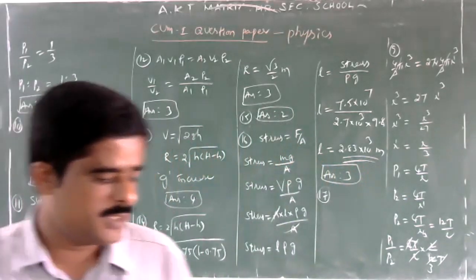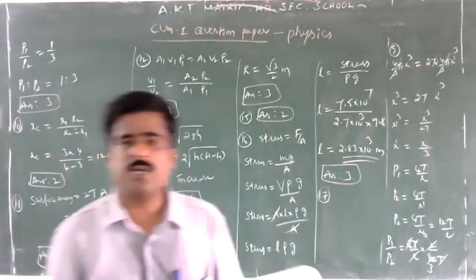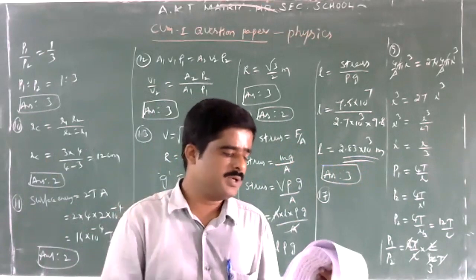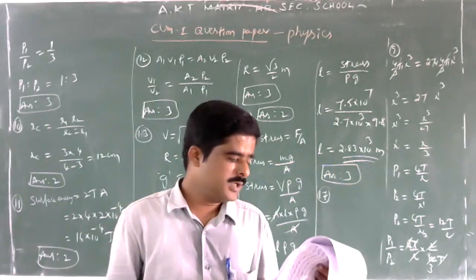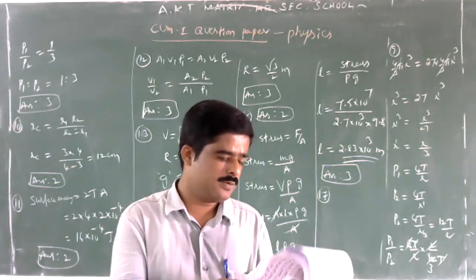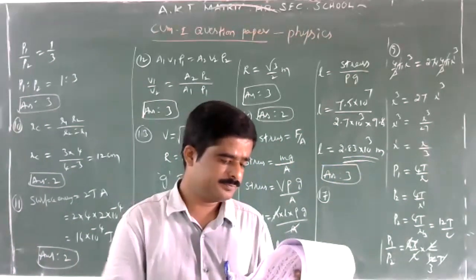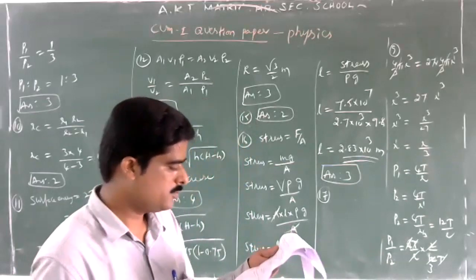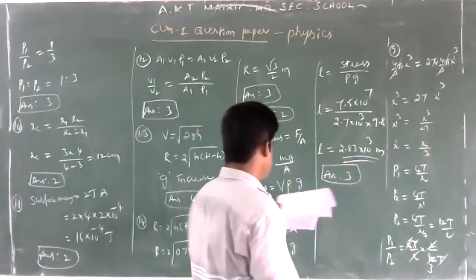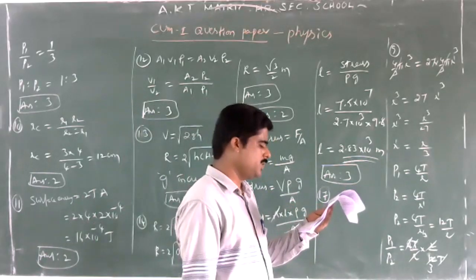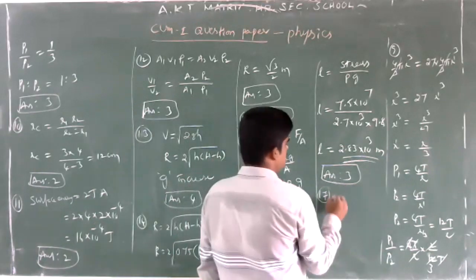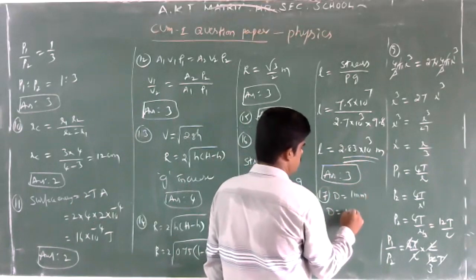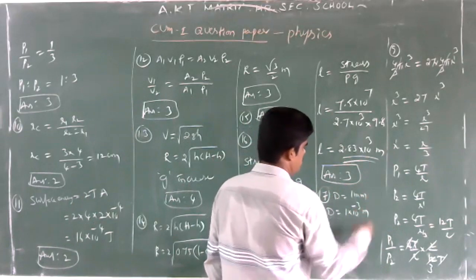A load of 2 kg produces an extension of 1 millimeter in a wire of 3 meter length and 1 millimeter diameter. What is the Young's modulus of the wire? Extension, length and diameter are given. First, diameter D is equal to 1 millimeter, or 1 × 10^-3 meter.